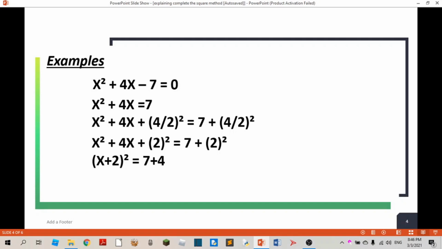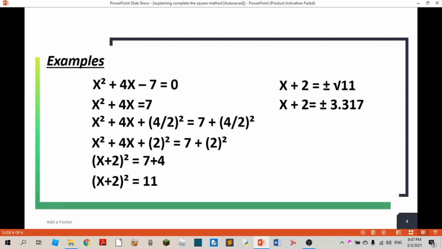We can factor it by the perfect square equation, which will bring us x plus 2 with the power of 2 is equal to 7 plus 4, which is 11. Next, we will remove the square on the left side and add a root to the right side. Since it is a root, we will have two answers, one positive and one negative. We will put a plus minus sign before the root sign to note that root 11 is equal to plus minus 3.317.